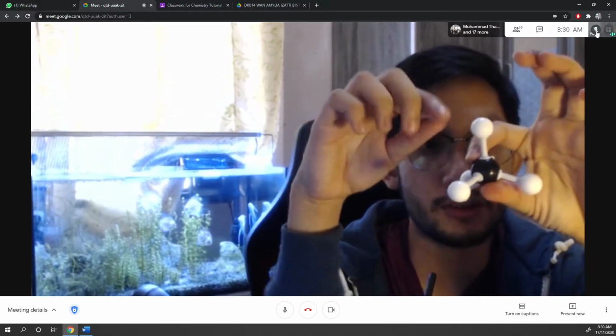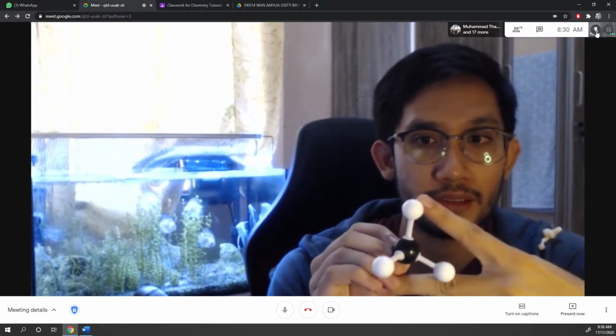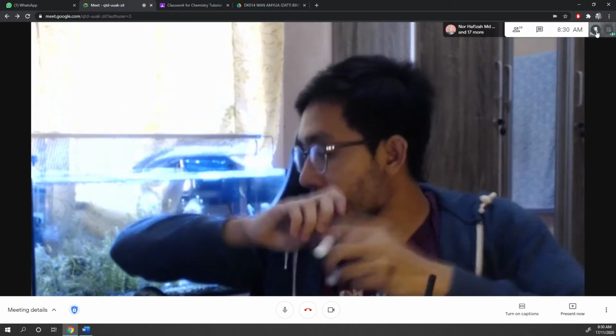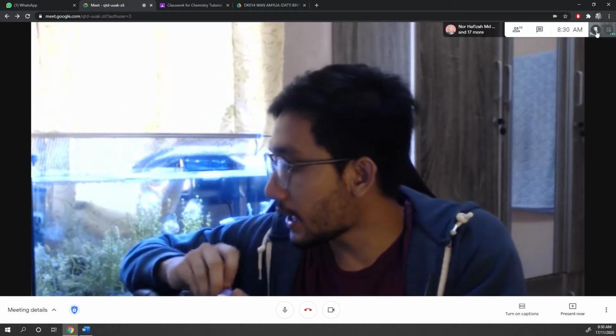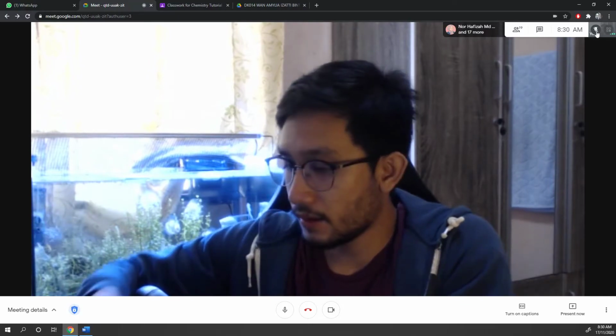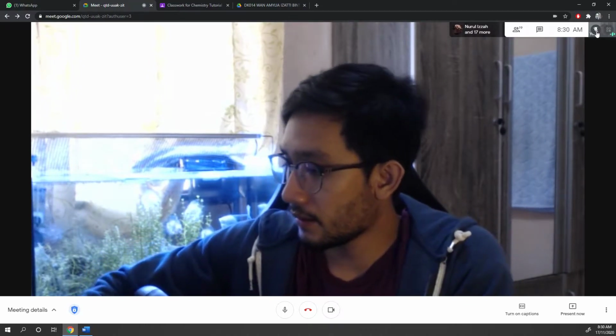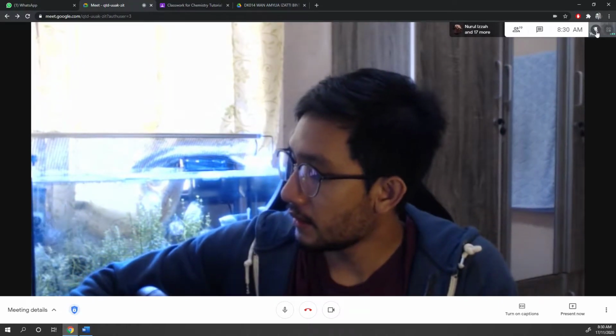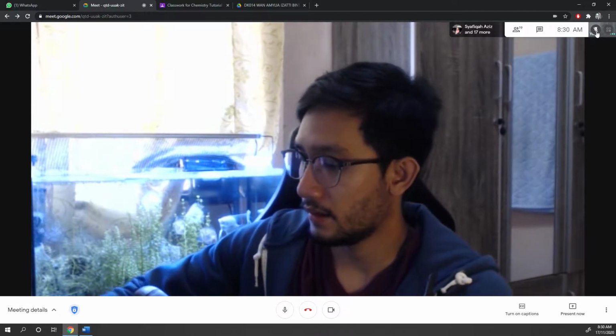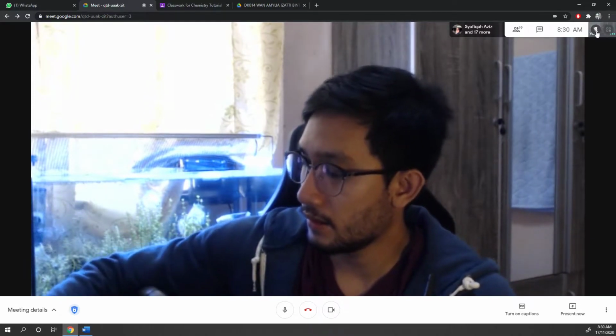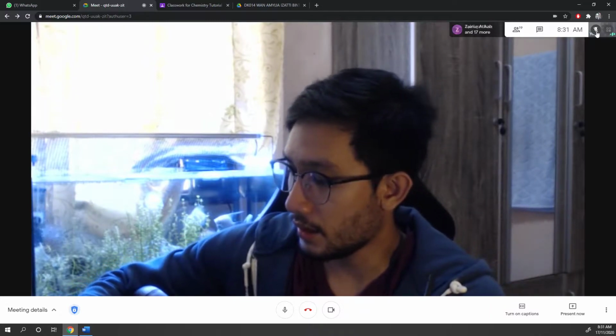So central atom contohnya cikgu ambil plane base tu. Okay, sekejap, cikgu tukarkan dia punya colour.